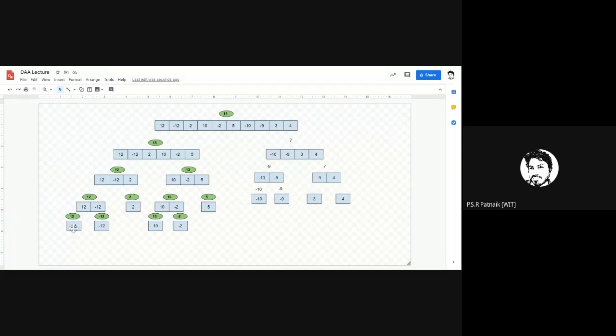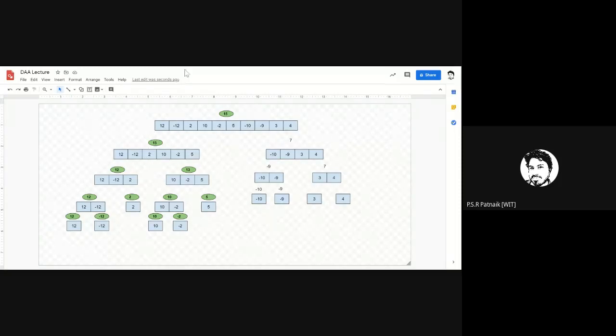And when I merge any of these solutions, how many scans do you require? N scans are required to calculate the cross maximum sum, right? So almost n comparisons are required to merge any two solutions.